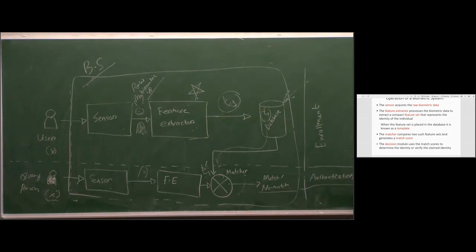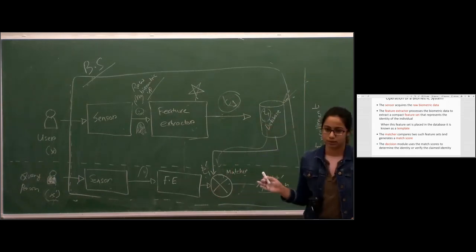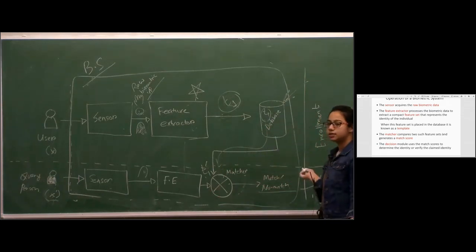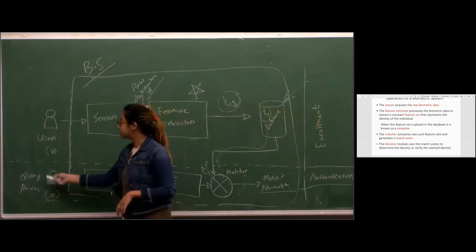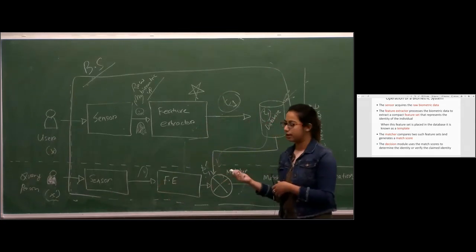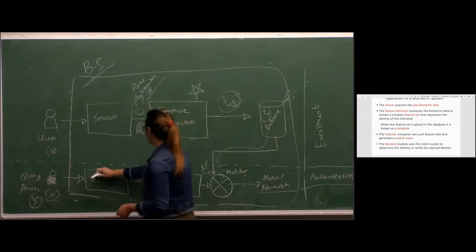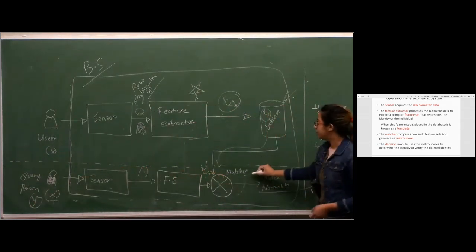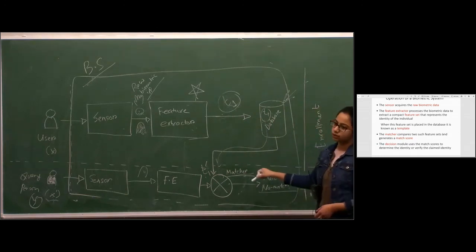So there are two steps, right? Enrollment and authentication. In enrollment stage, the device just gets used to the genuine user, who is going to use the system. And in authentication stage, you are a returning user. So it may happen that the query person is not you. Suppose I somehow stole your mobile and I'm trying to access there. So now I'm Y, not X. So I will also go through the same procedures, but the matcher will be smart enough to understand that okay, this person is not the same person.